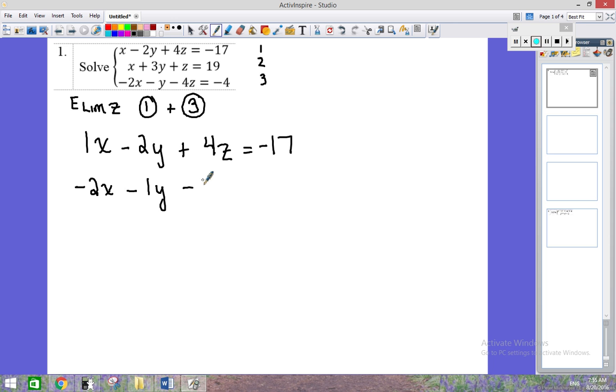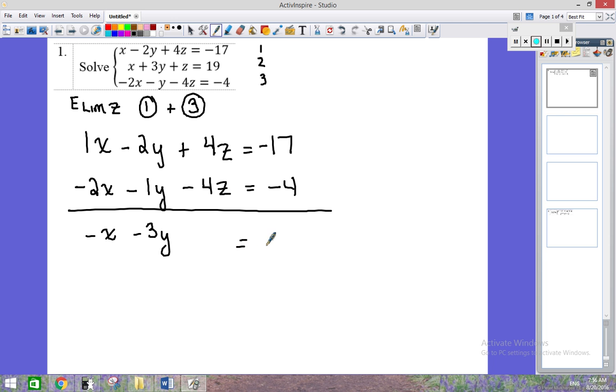It's sometimes beneficial for some students to also put coefficients of 1 in front. Alright, so if we add these two equations together, the resulting equation does not have the variable z. That z has been eliminated. And we can number this equation 4. So we used equation 1 and equation 3 to eliminate z.